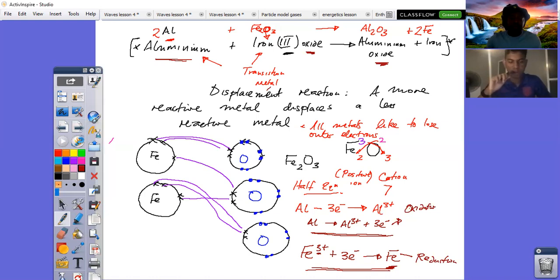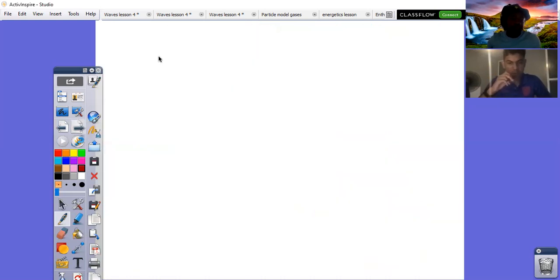So now we have copper versus silver nitrate. Now, a classic question that could come from this. Now, this here is colorless, okay?